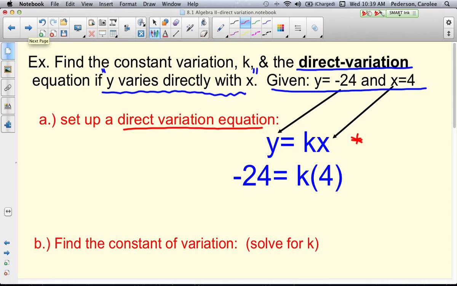Then what you do is you substitute in the given negative 24, so that goes in for y, and then the given x, which goes in for the x. So the substitution will look like negative 24 equals k times 4. So there's step one: you set up the direct variation equation, and you substitute in the given values. In this case, we have a given x and a given y.